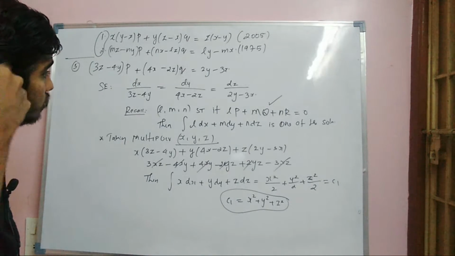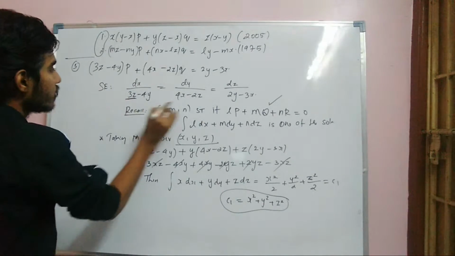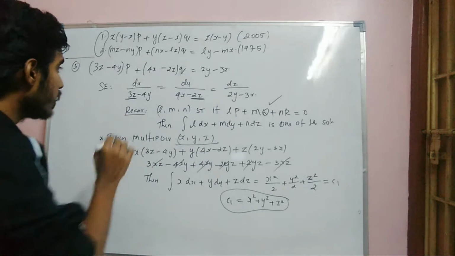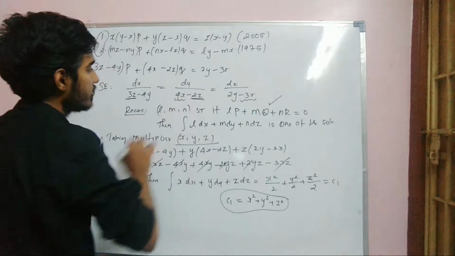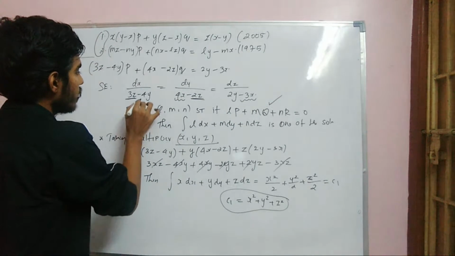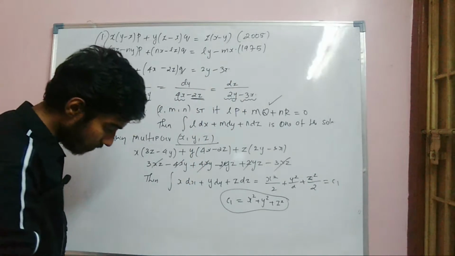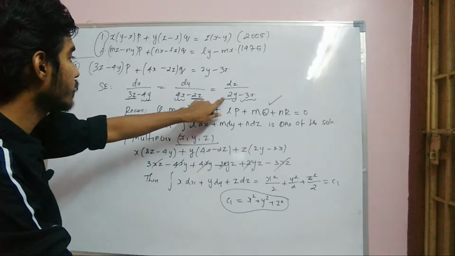Now we carefully see this. Here we have 6z, here we have 2z. Again you can see x: here we have 2x, here we have minus 3x. And here we have 4y, here we have 2y, here we have 2y.